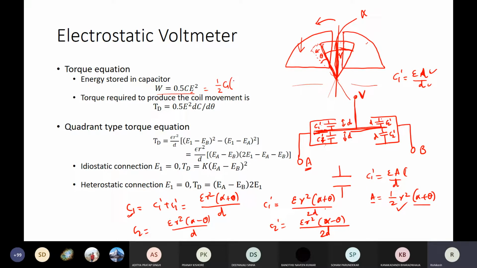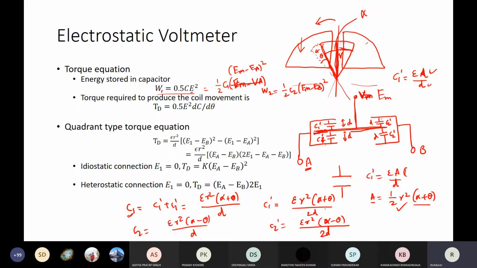And this is V. Let me use E only for this. EM. So the energy stored in that capacitor is 1/2 C1 (EM minus EA) square, whereas the energy stored in the other capacitor is 1/2 C2 (EM minus EB) square, isn't it?